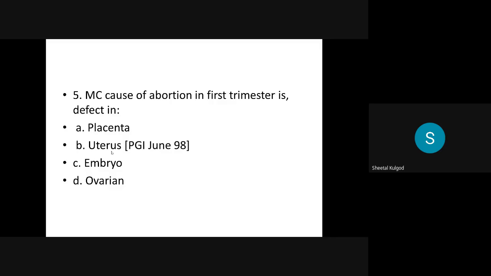Is it in the placenta, uterus, embryo, or the ovary? Embryo. Yes, students? Yes, of course it is the embryo, is it not? So there is defective genetic material or defective genetic fertilization resulting in a chromosomal aberration, so the problem is with the embryo here. So the option here is C, that is embryo. Clear with all of you?